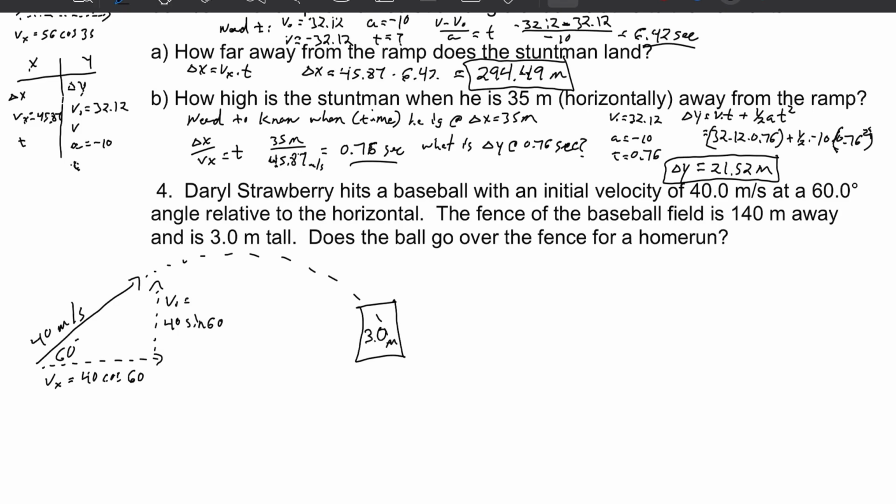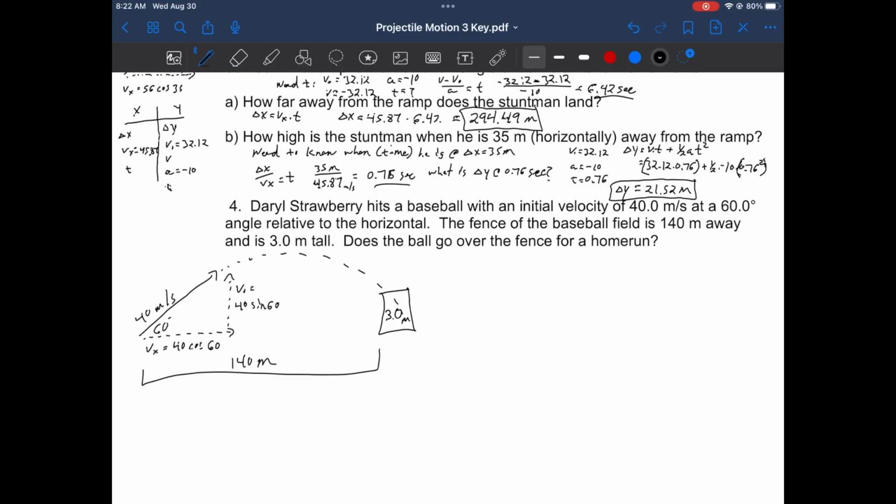Let's figure this out. If we know how fast the ball is traveling, we could determine how long it would take for it to reach 140 meters, right? If it's traveling at 40 cosine 60, the ball is traveling at 20 meters per second, and it's going to move for 140 meters.